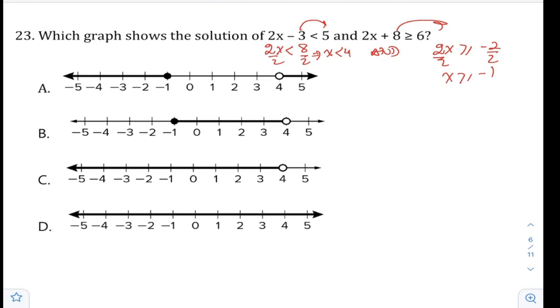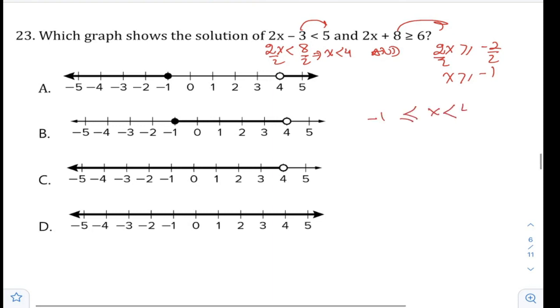And that means the solution will be x more than or equal to -1 and less than 4, which is B definitely. I should expect this as a solution because usually and will be a shaded region, a common region, intersection. That is most probably B.